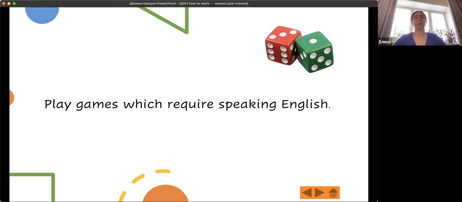But we need to create the learning atmosphere, and we can ask them to make sentences, for example, with the I like or I don't like structure, or we can put cards with colors, and one by one we take out the bricks and say, oh, it's yellow, and we take out the brick, oh, it's green, and so on. So even simple things can be turned into a game, and in this game students will speak.